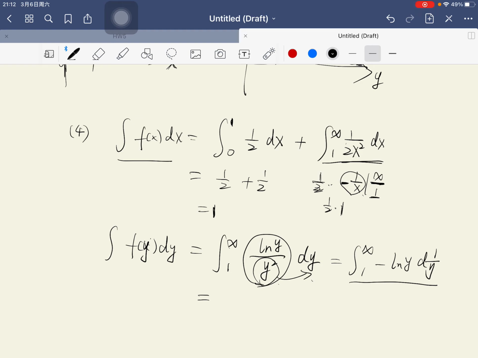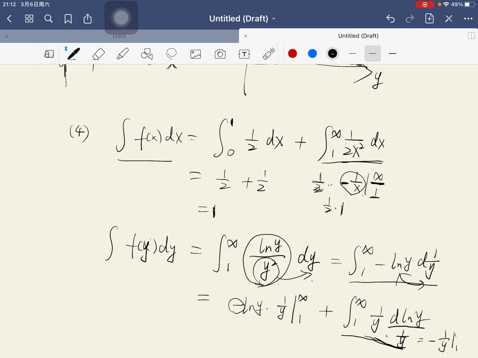It is equal to minus ln y times 1 over y, evaluated from 1 to infinity, and then exchanging these two, the derivative of ln y is 1 over y, and the integral of these two is equal to minus 1 over y from 1 to infinity.